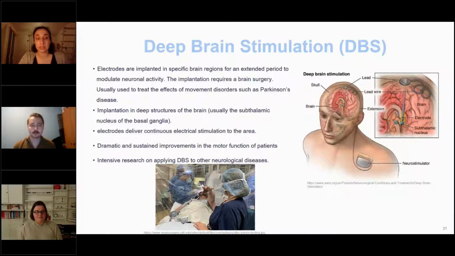And yeah, actually, it's a really interesting technique. But one thing that many times we don't take into consideration is the actual experience of the patient and how difficult it is to take a decision to have a brain operation that's actually going to be altering the way your brain works.